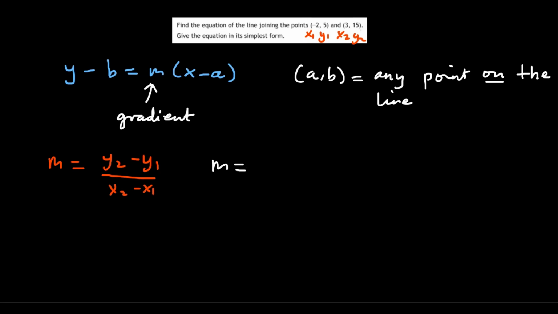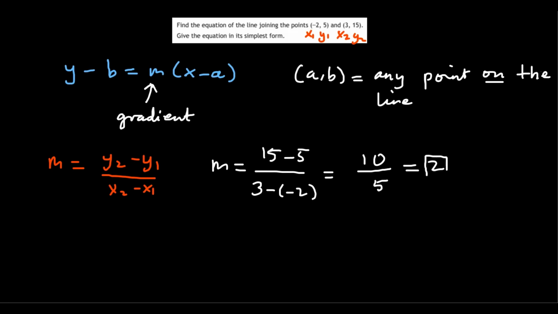So that would give 15 minus 5 over 3 minus negative 2, so that would be 10 over 5, which is 2. So that's the gradient of the line.